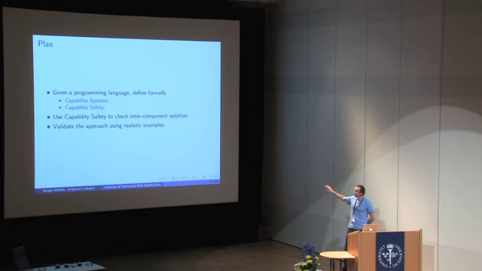So in the rest of the talk, I'm going to talk about our formal notion of capability system, that is, of a language that can be classified as capability-oriented, and then define a notion of what it means to be capability safe, and use that notion in order to enforce intercomponent isolation in the mashups. And then I will mention how we validated this approach on real examples.